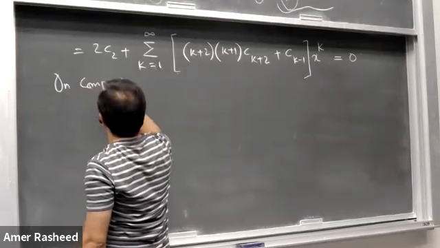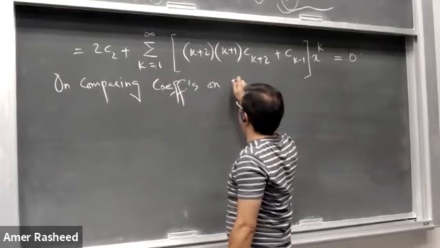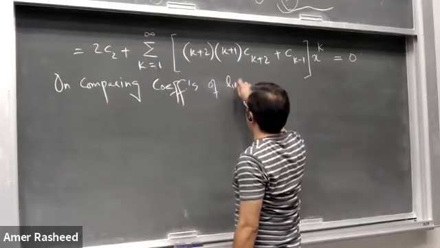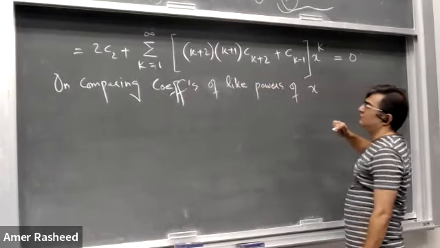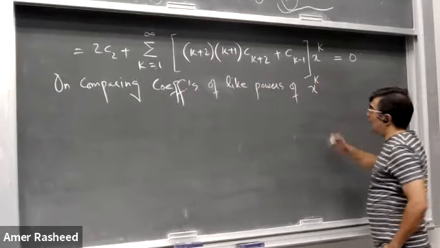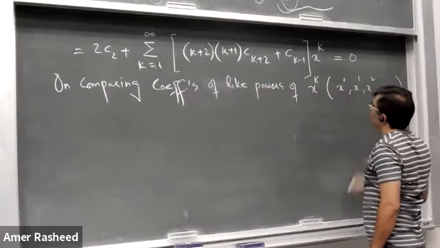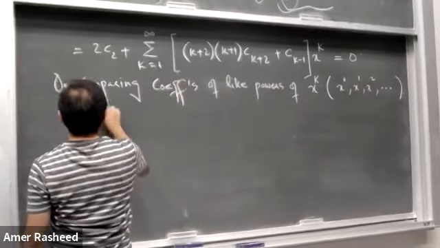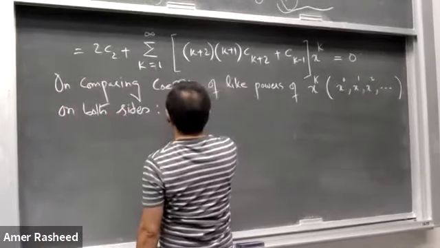On comparing coefficients of like powers of x power k, or in fact, you are comparing x0, x1, x2, and so on, on both sides, what do we get?